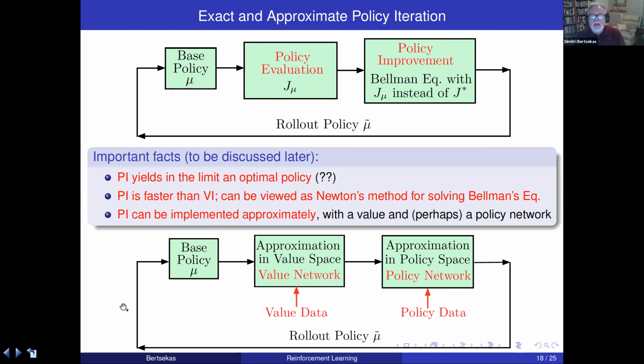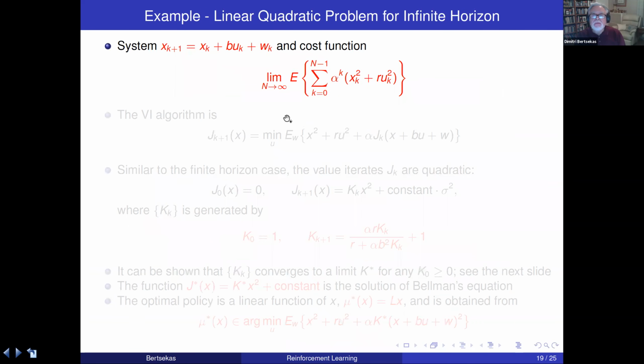So now I would like to do an example, come back to this linear system and quadratic cost function, but now we introduce this discount factor here, and we take the limit of the cost as the stages go to infinity. Now, how does the value iteration algorithm look? It looks like this.